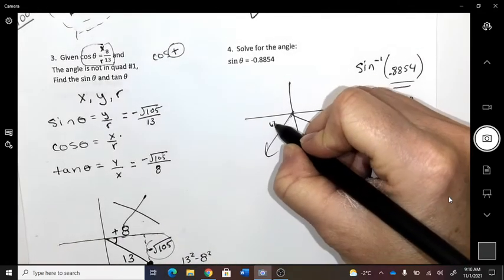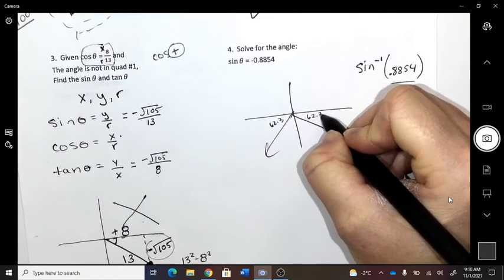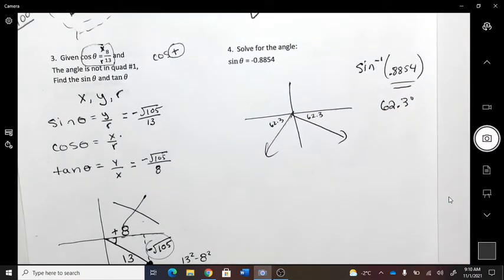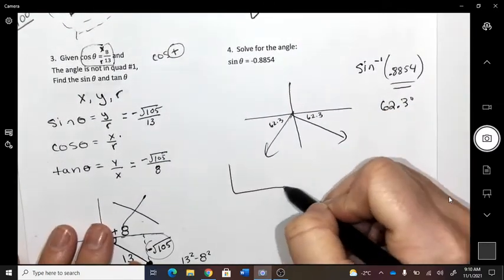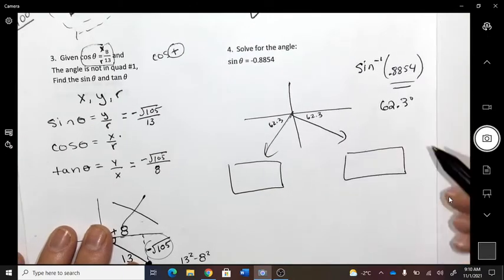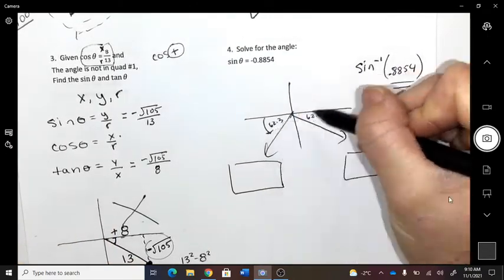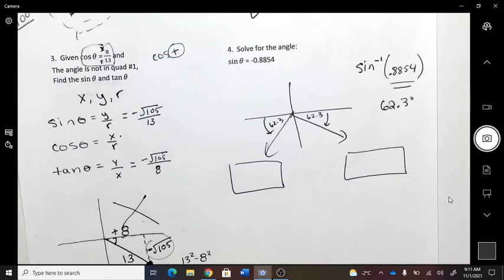Okay, if anybody's matching my 62.3, anybody match that? That was good. Okay, so now I'm going to figure out my actual location from 0 to 360. Where am I actually located?